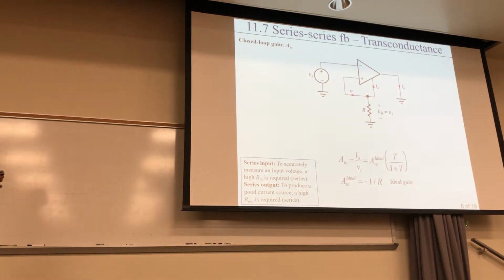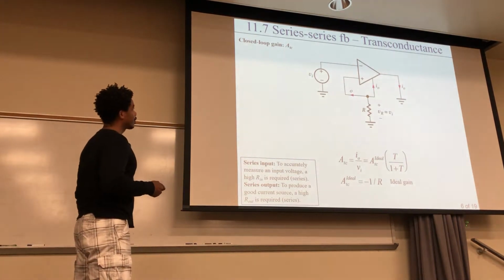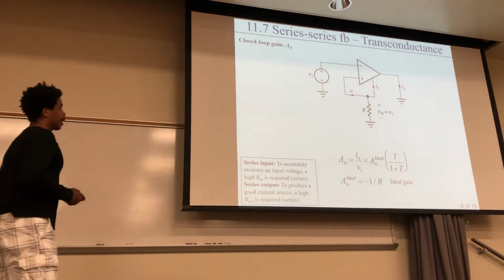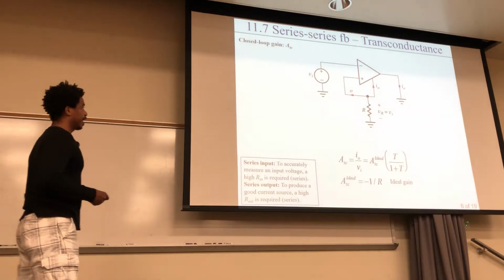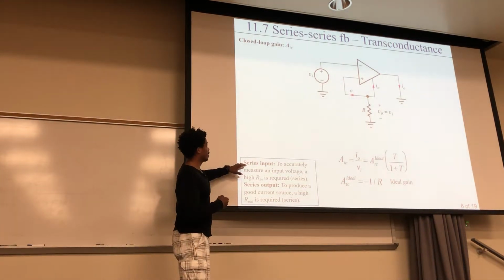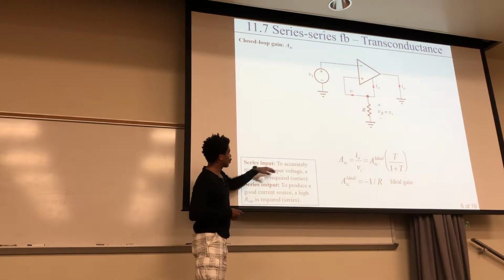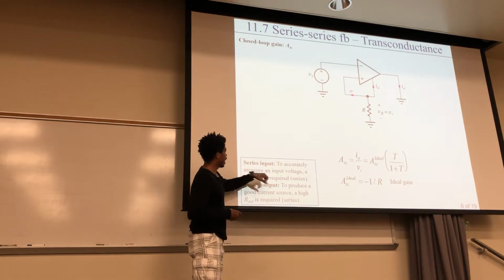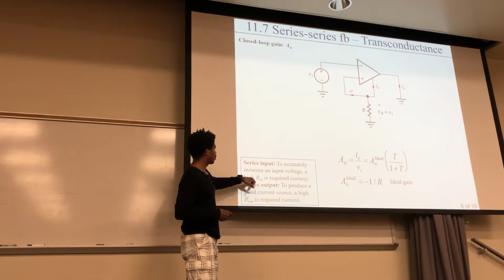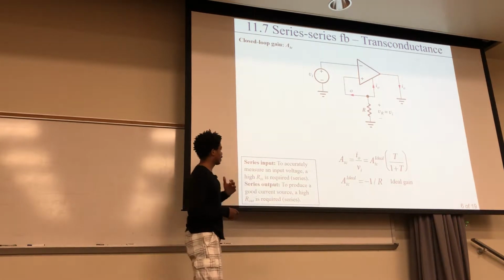Okay, series. So we left off with this right here. This was a system. The book says the reason the series input is helpful is that to accurately measure an input voltage, you need a high input resistance, and that's why it's called in series.